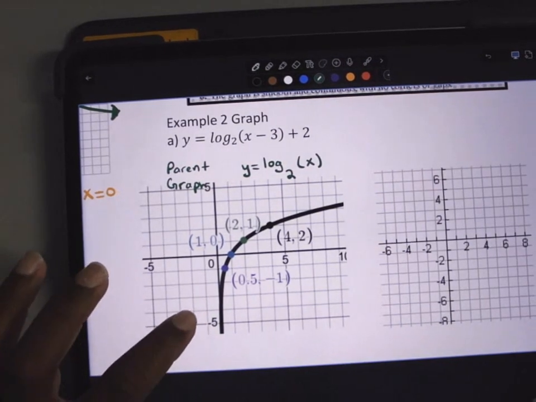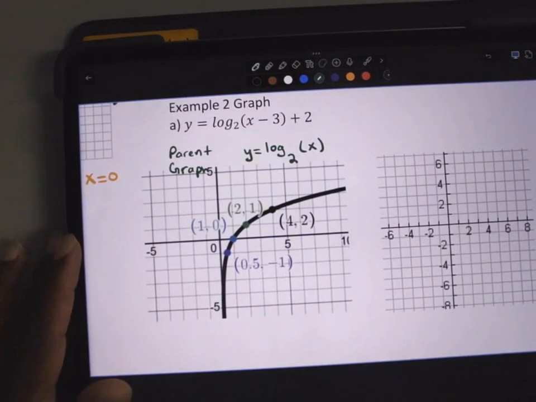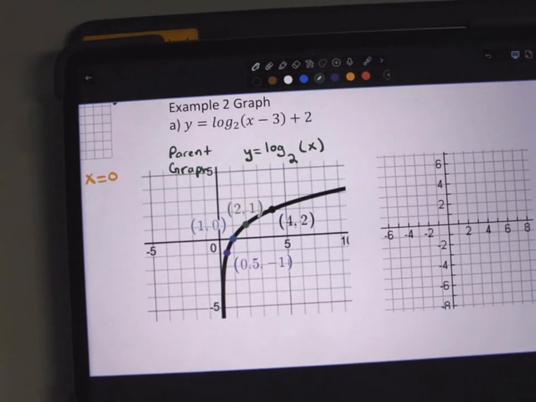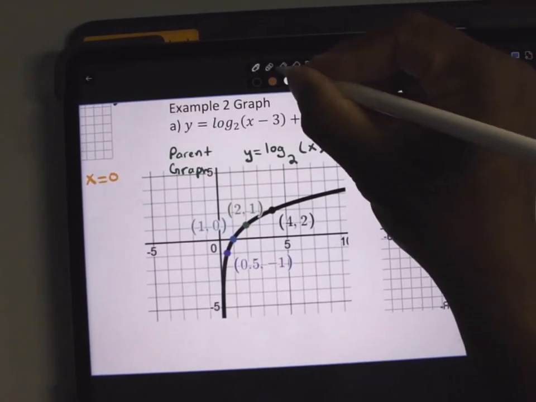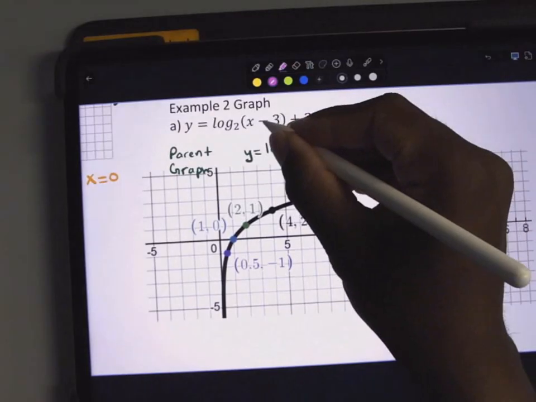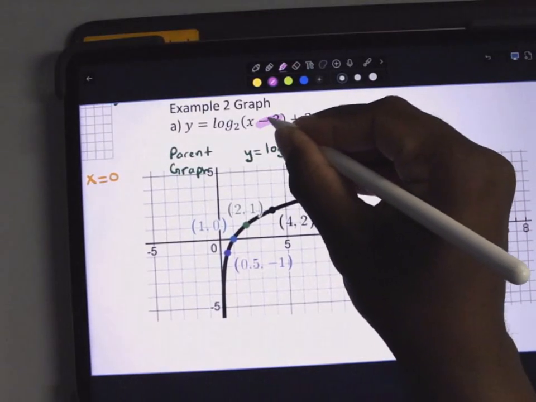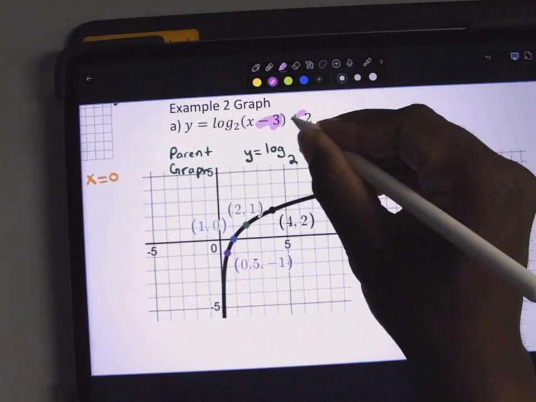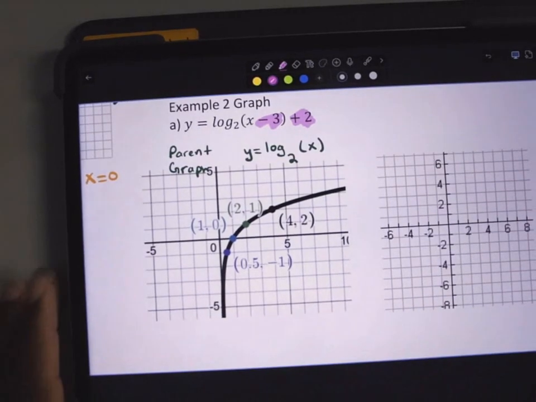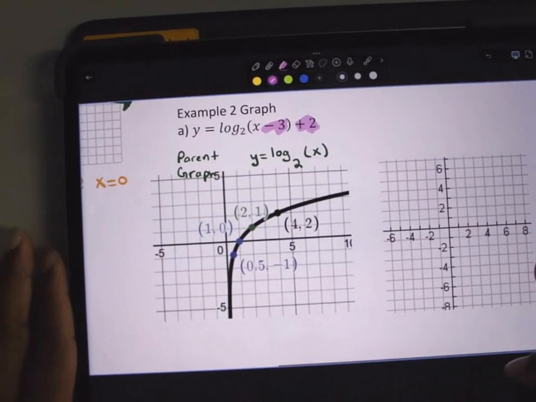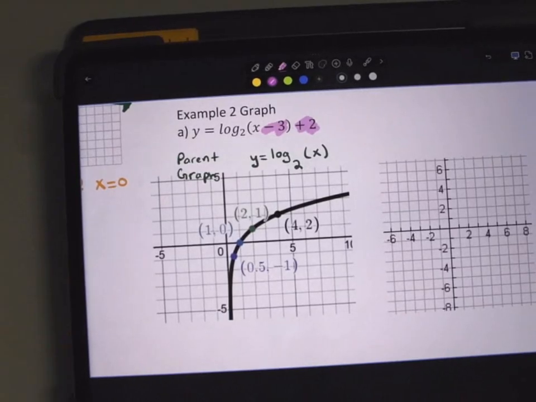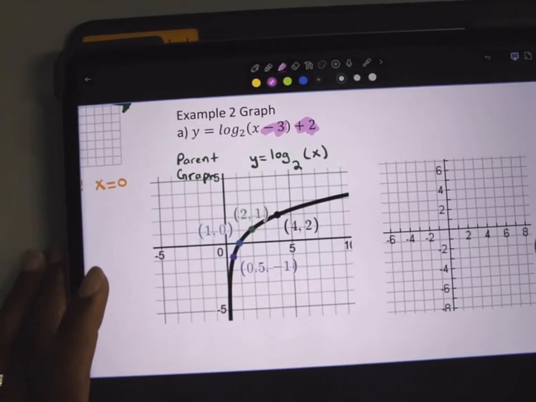That's what this graph is we have below. This is the same one we did when we first started our notes. That means the other 2 things we see will be transformations. I see a -3 here, and I see a +2. These are going to be 2 transformations. Let's see what these do. And they work the same way everything's been working all year.